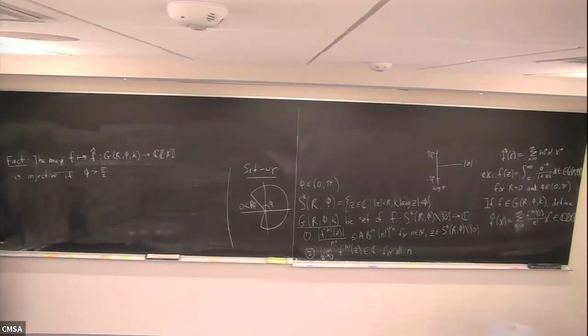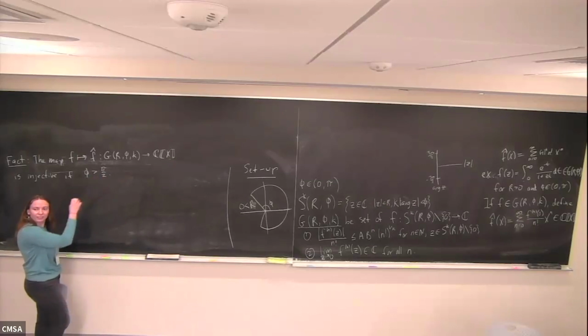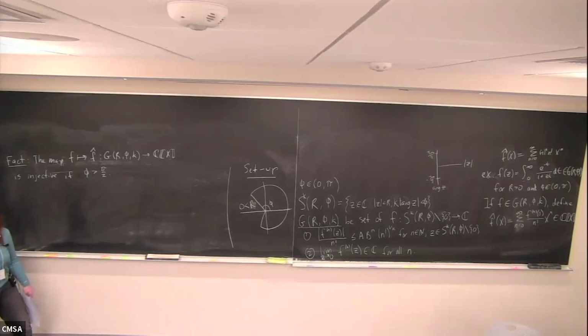Is that one kind of sharp? This fact, yeah. So you mean like this angle bigger than pi over 2? If phi is equal to pi over 2, it's just wrong. There's a counterexample. You can take e to the minus 1 over z.